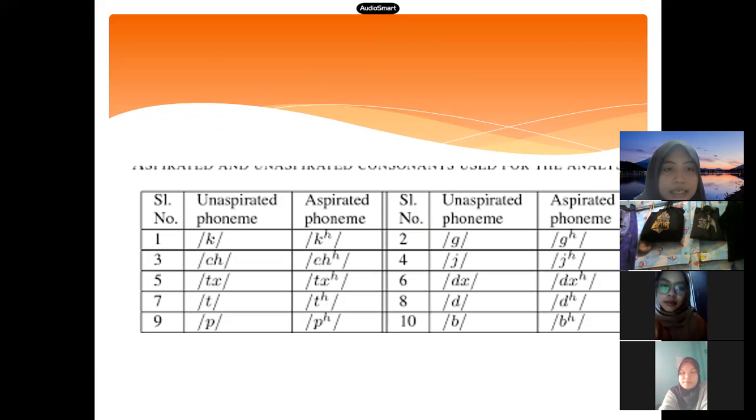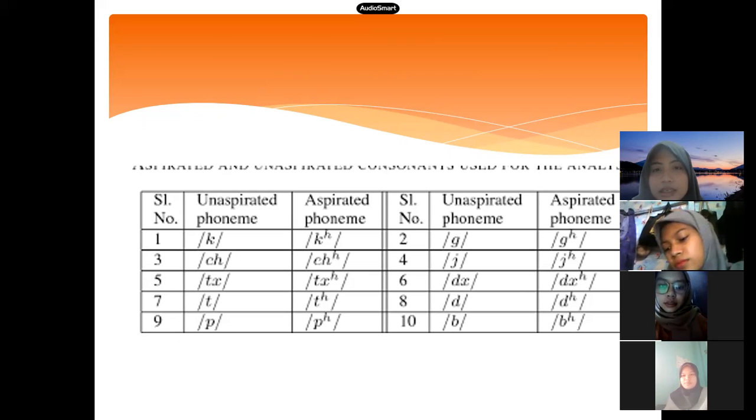The second is unaspirated T, and that is bat, the example. The aspirated one is T, the example is thank you or thanks. So we have another unaspirated and aspirated pair. We have G, for example, gold, and the aspirated one, for example, ghost.